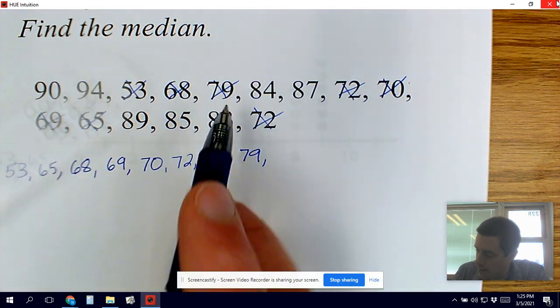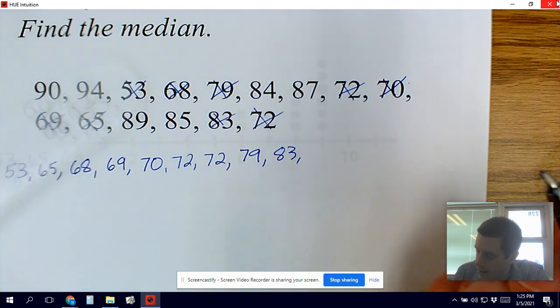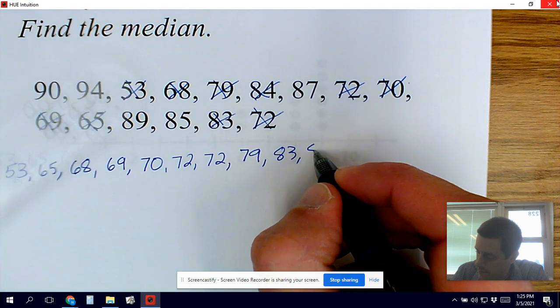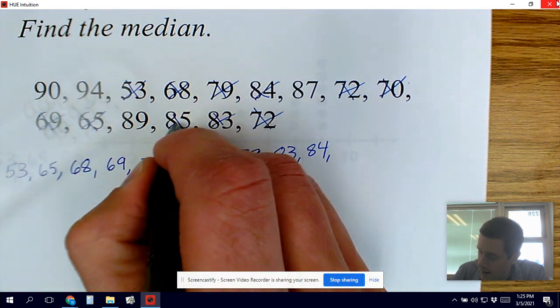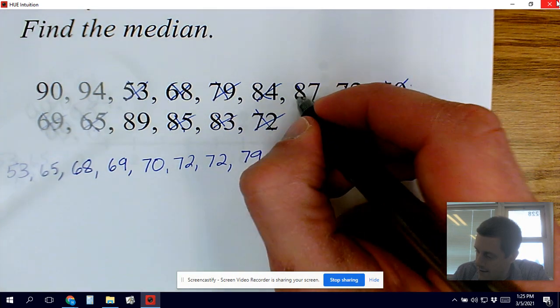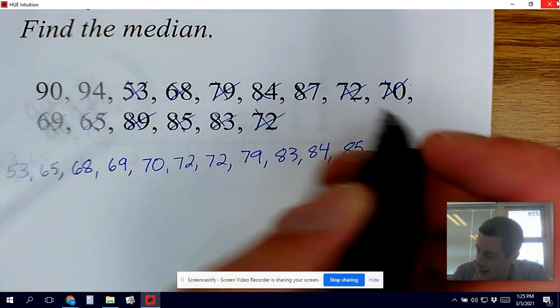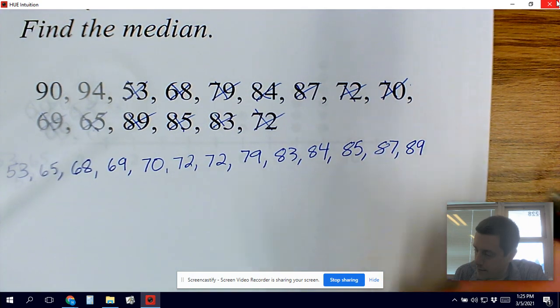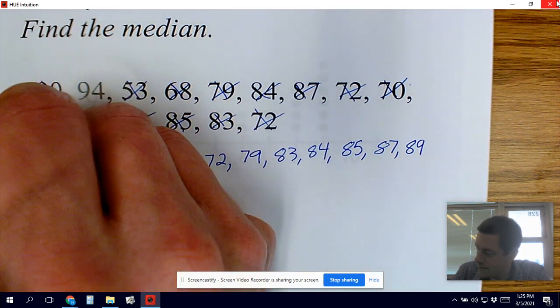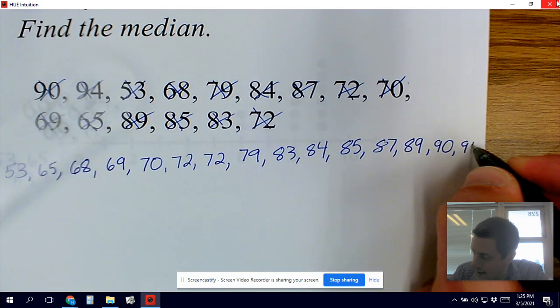After 79 would be 83, followed by an 84, 85, 87, 89, 90, and the last one, the greatest value in a set, 94.